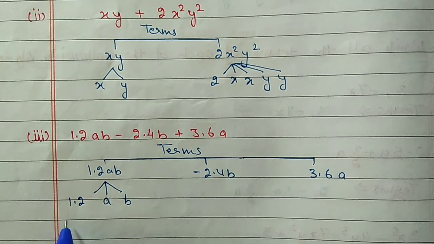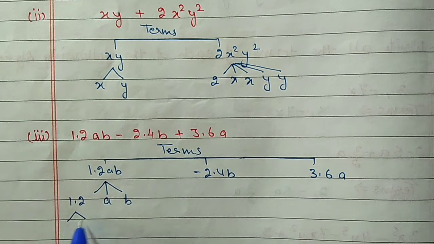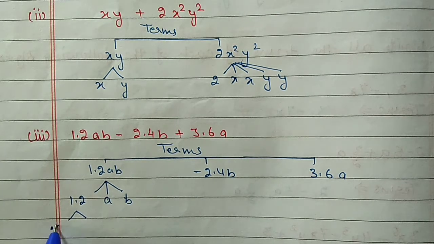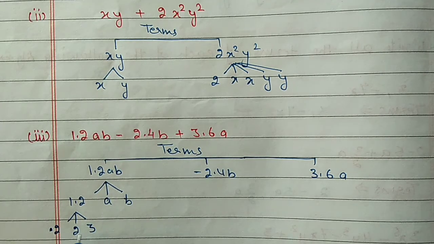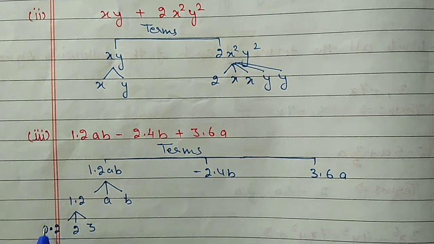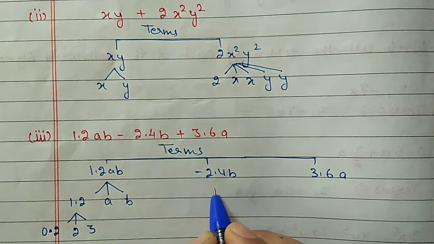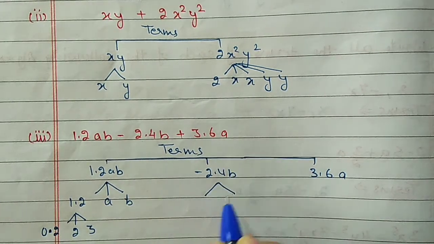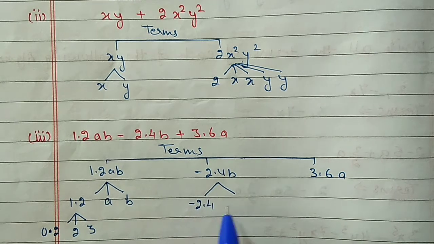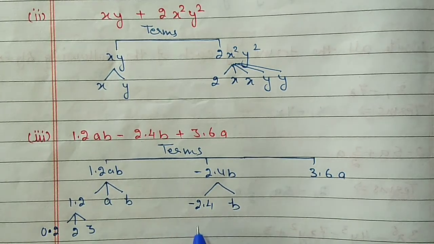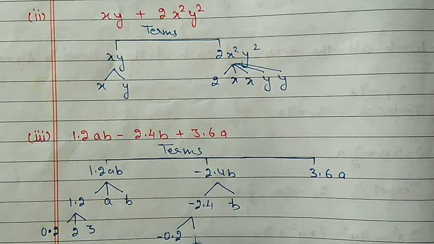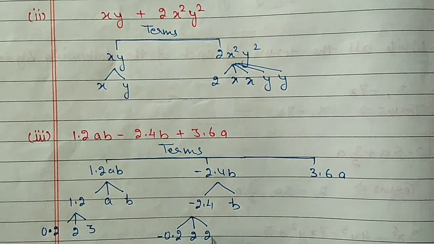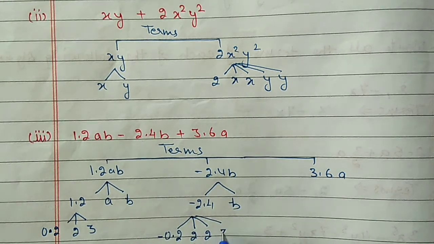Even this 1.2 also we can split like this, 0.2 into 2 into 3. 2 into 2 is 4 and 3 is 12, and 1 decimal. Like this also you can split it. Same thing here, we can write it as minus 2.4 into b, and this 2.4 we can write as 0.2, the minus symbol you can keep with any one factor, then 2 into 2 into 3.